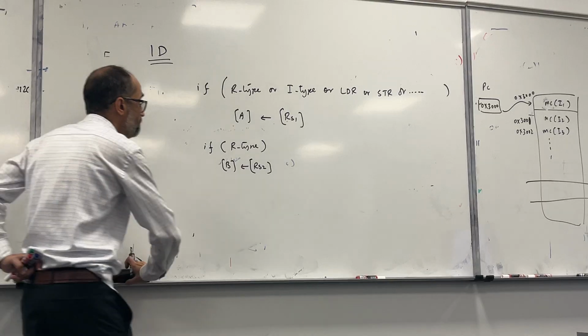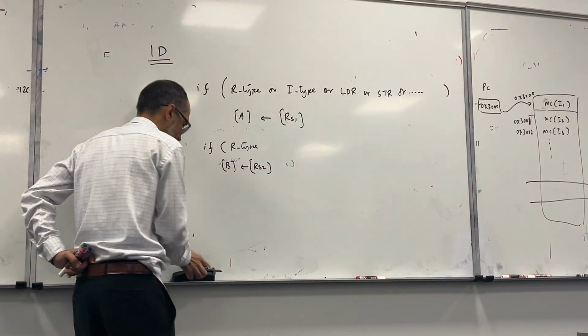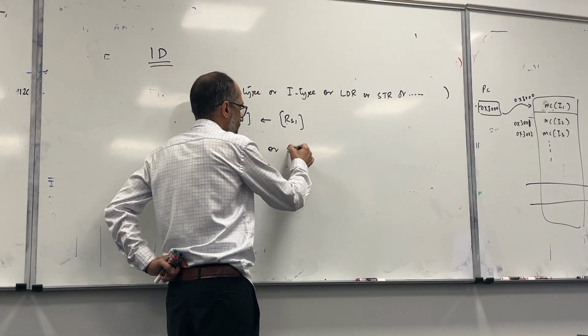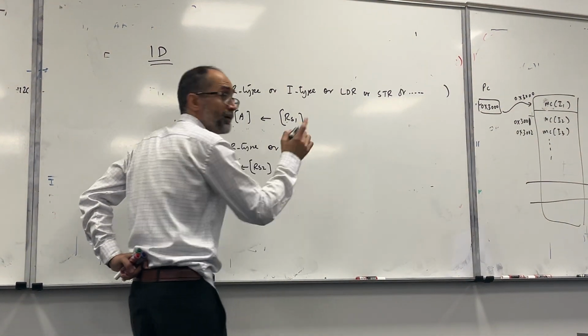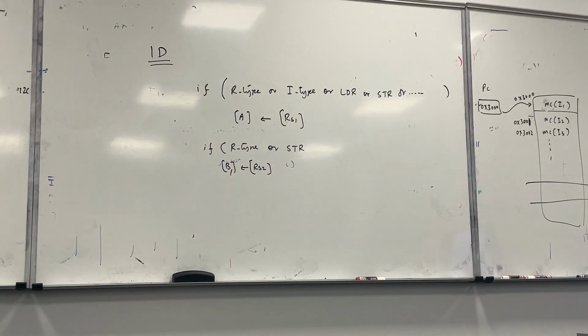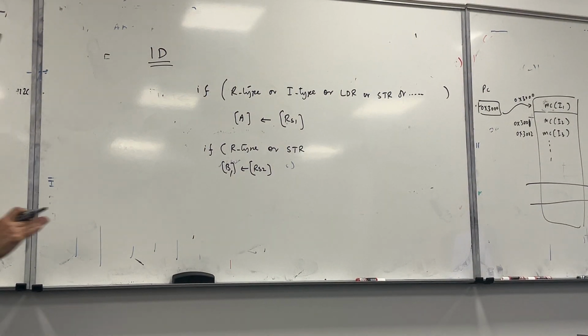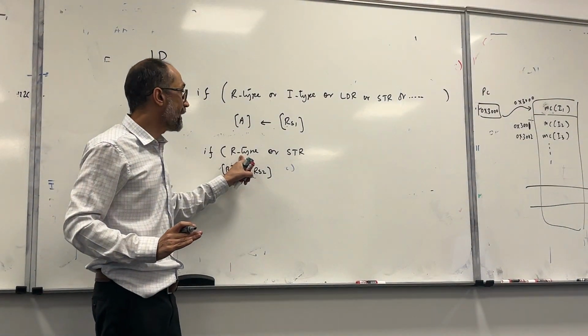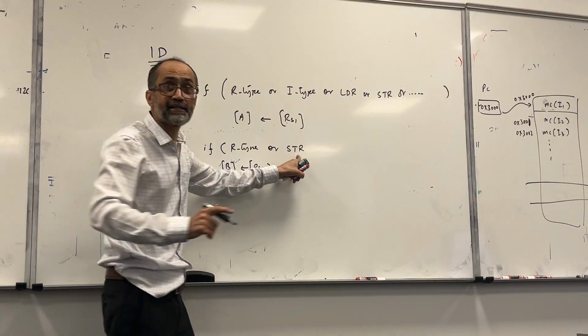If it's R type or STR, please remember, now we are going for B1. We have B1 here. So what will be the content of B1? B1 will be the content of RS2, if it is R type or STR.